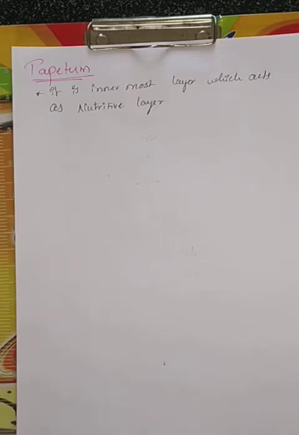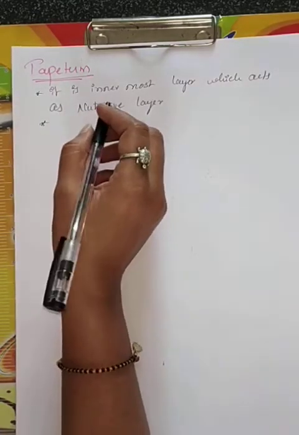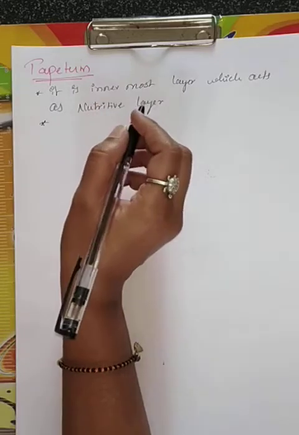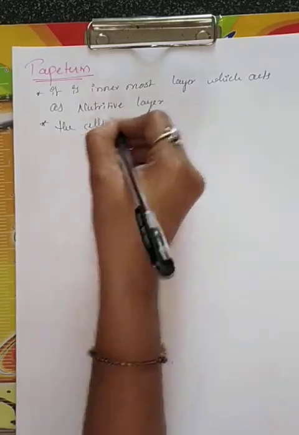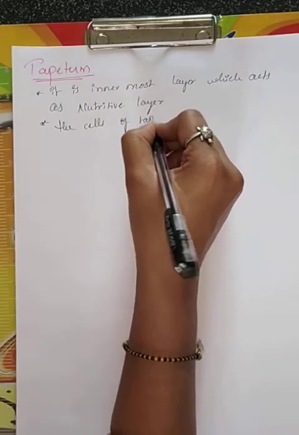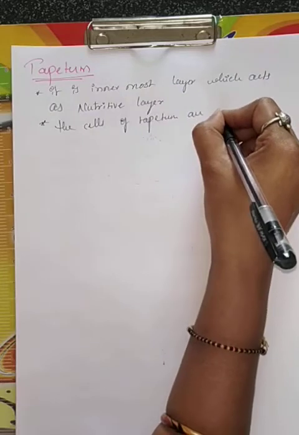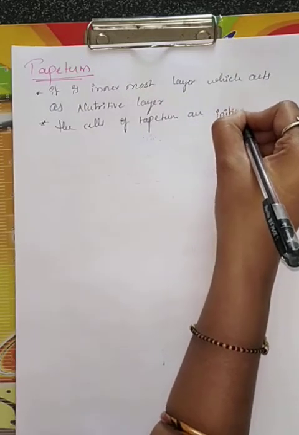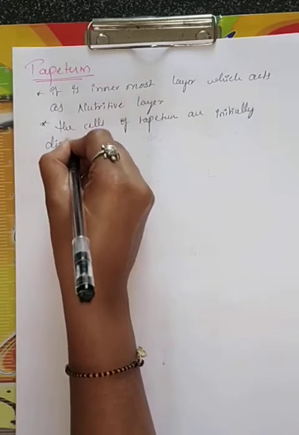Now, the next point. This is a single layer thick, and the cells of the tapetum are initially diploid.